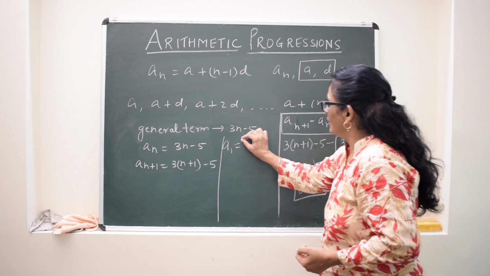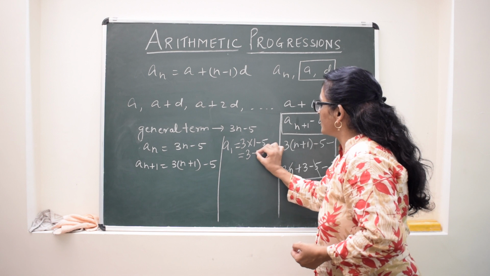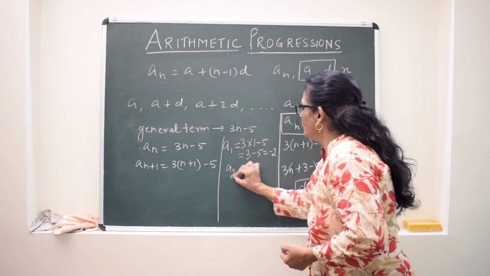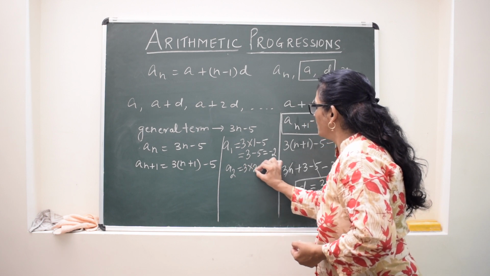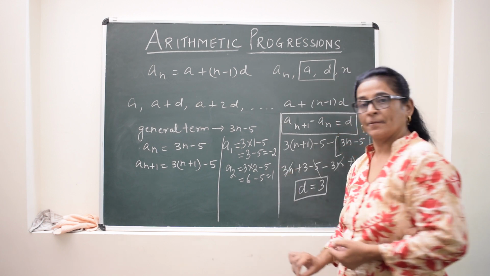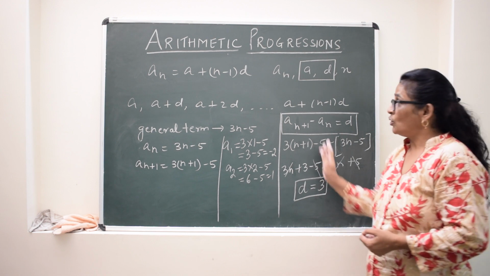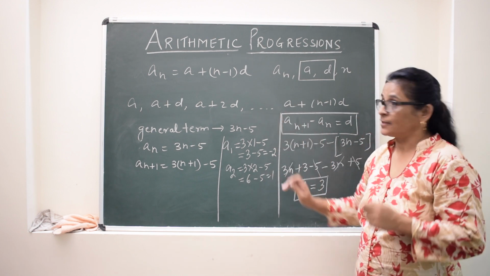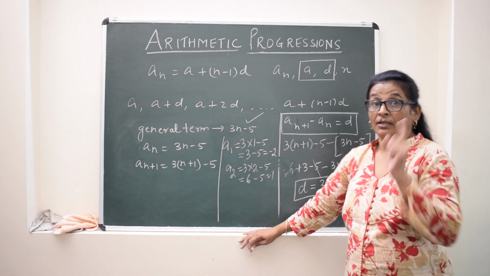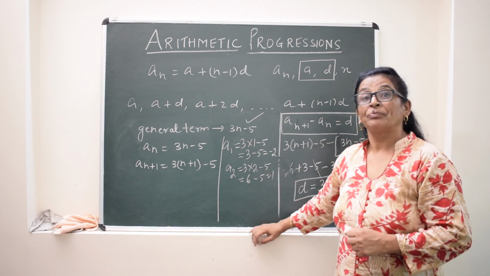So the first term will be 3 into 1 minus 5, that is 3 minus 5, that is minus 2. A2 will be 3 into 2 minus 5, that is 6 minus 5, that is 1. We can see easily here the common difference is 3. So the first thing we have to remember is that when the general term is given, the very first thing is to check D. If it is independent of n, then we will proceed further.